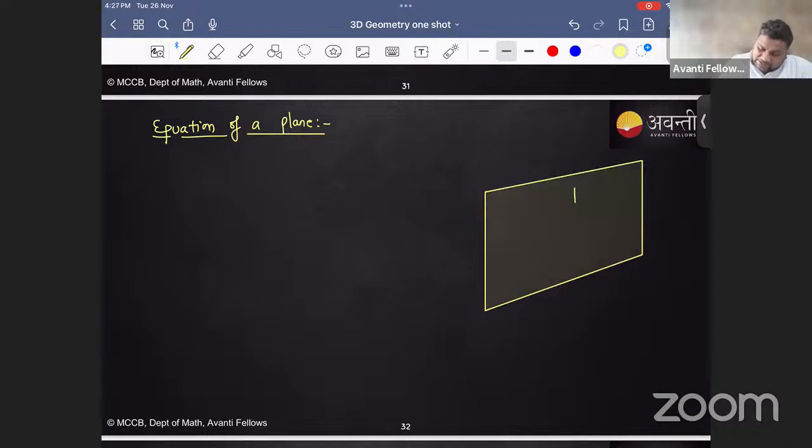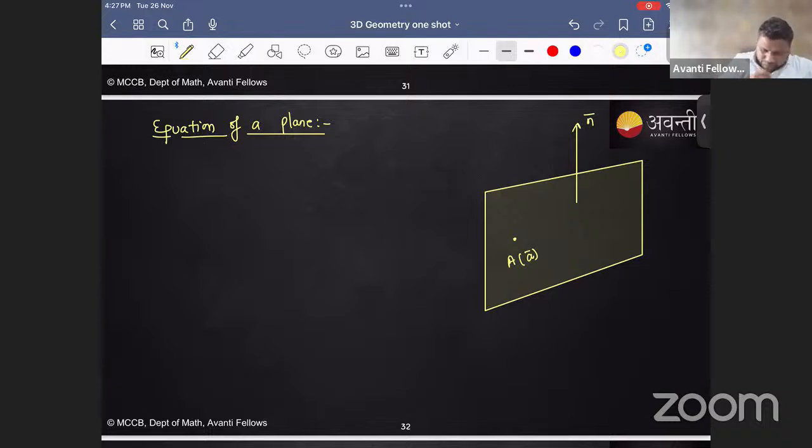This plane is normal to some vector n. And there is a point A in the plane with position vector A. Now this much is given to me. There is a point in the plane and there is a normal vector of the plane given to me. Got it?